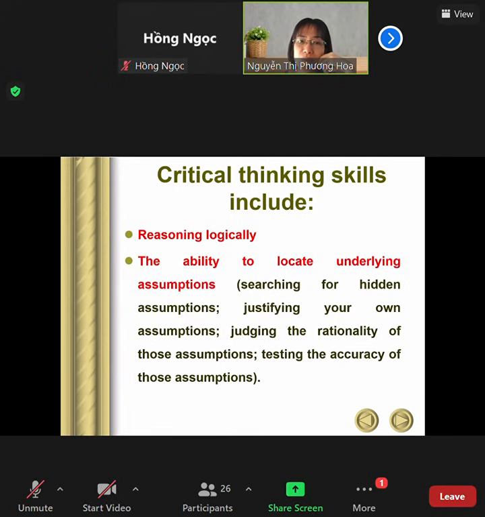And also you have to judge the rationality of different assumptions and their relationship, and test the accuracy of these assumptions. So you see, having critical thinking is not easy. You have to develop a lot of capacities inside yourself.